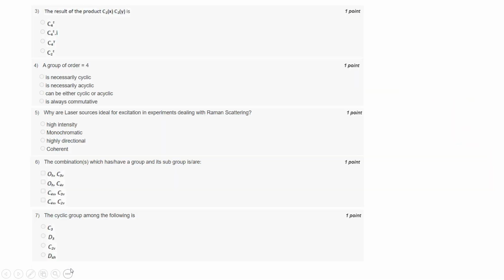Okay, now let us go to the next question. Question number 3, the product of C2x and C2y. You will tell me, from here. Then it will become minus x minus y. So C2x into minus x minus y, minus x, y into minus x.